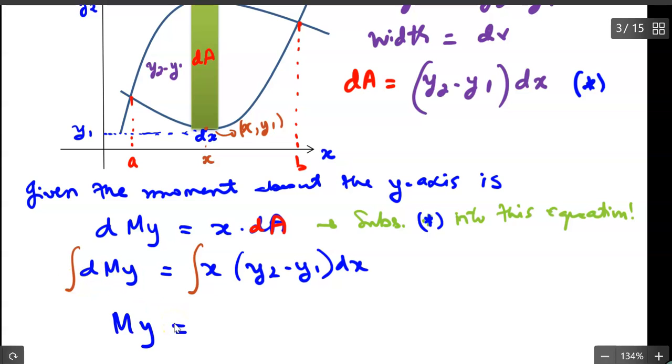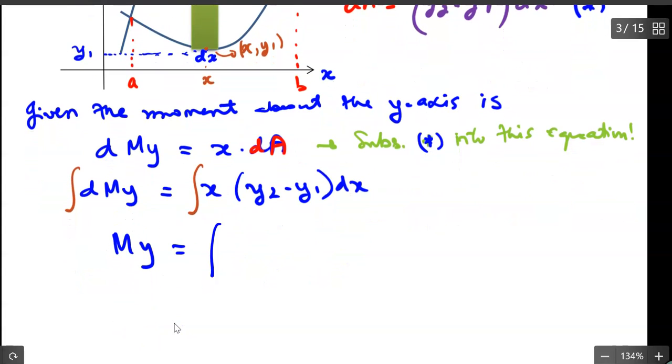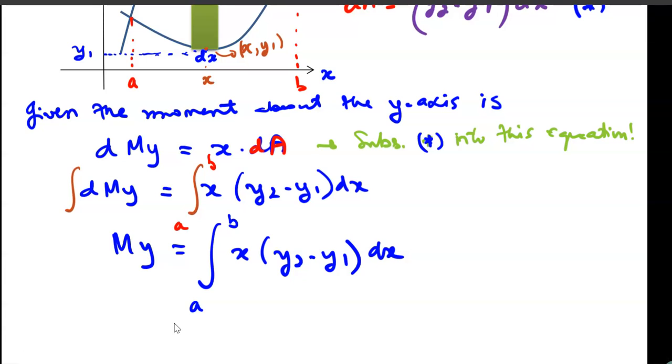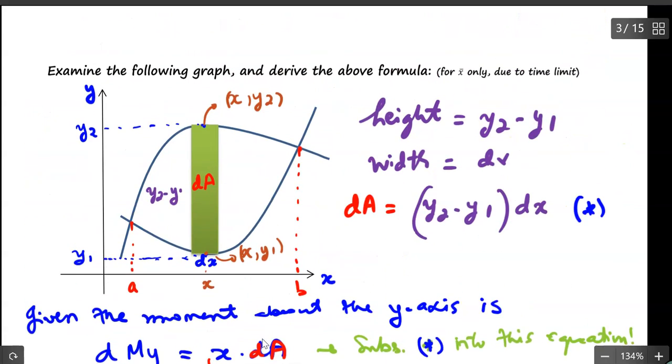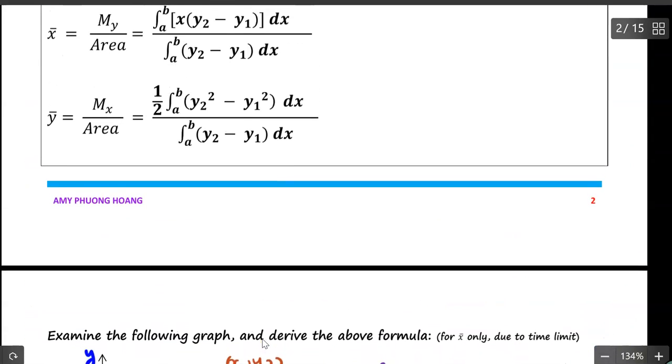So My is equal to the integral of x (y2 minus y1) dx, and we are going to work with a definite integral here, from a to b, according to our diagram, where we are working with the upper and lower limits, a and b. Now I'm going to ask everyone to recall what I have defined here for everyone.